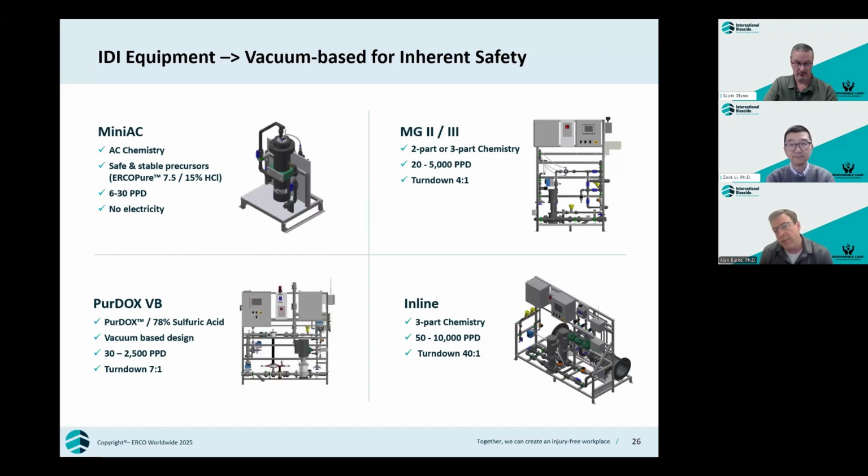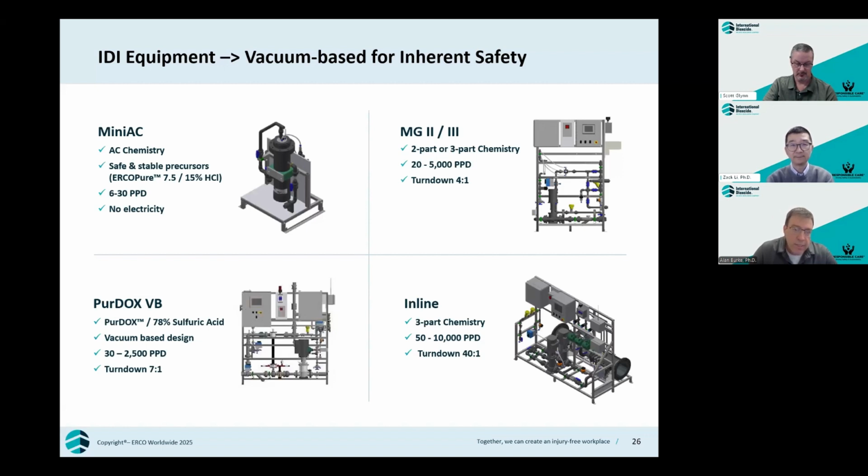The output concentrations are typically anywhere from 200 to 300 ppm up to 3,000 ppm, and then that feed line will be diluted further to the application point and the desired concentration there. And these can scale from as low as 20 up to 5,000 pounds per day with typical turn down ratios of 4 to 1, which can be greater than that if you have some extra hardware added to the systems.